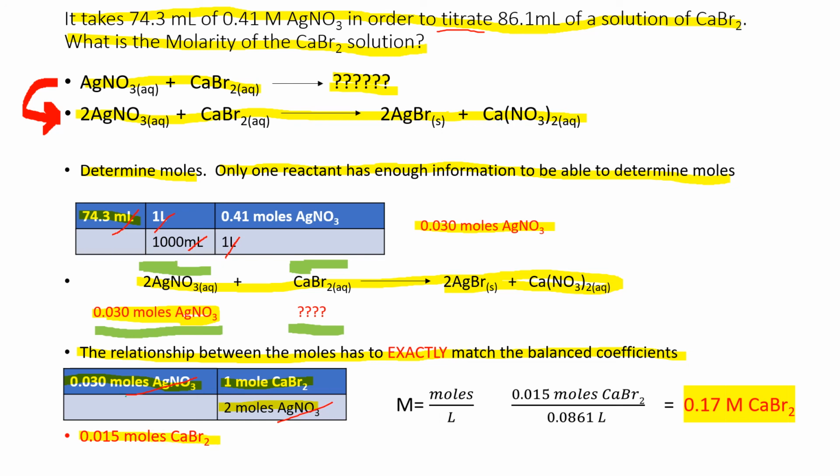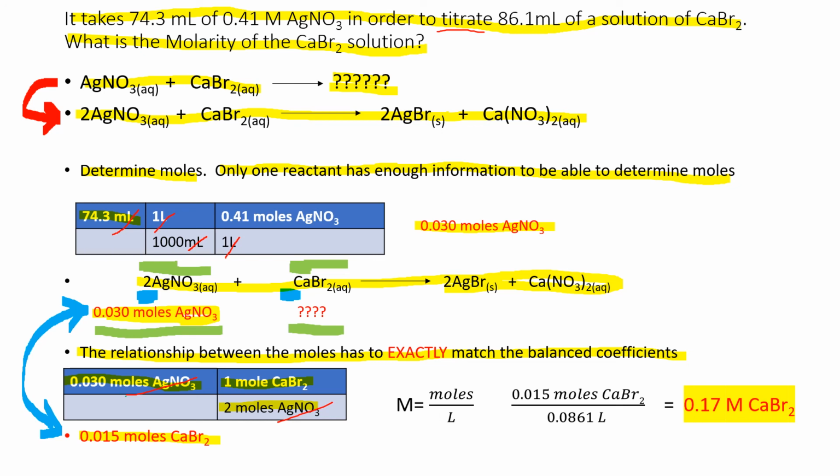Now this matches the moles I have to the balance coefficients. If I kind of show this in blue, I need 2 to 1 for my balance coefficients. Do I have 2 to 1? Well, yeah. If I look at the silver nitrate to the calcium bromide, I have that 2 to 1. 0.030 is twice 0.015.